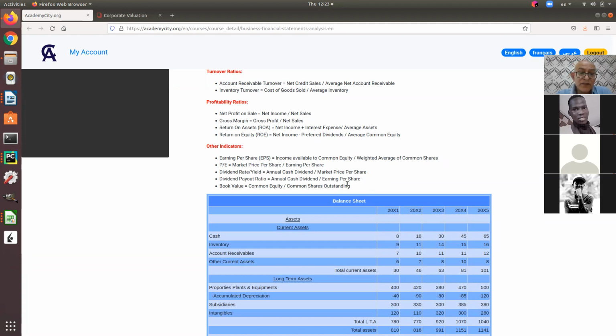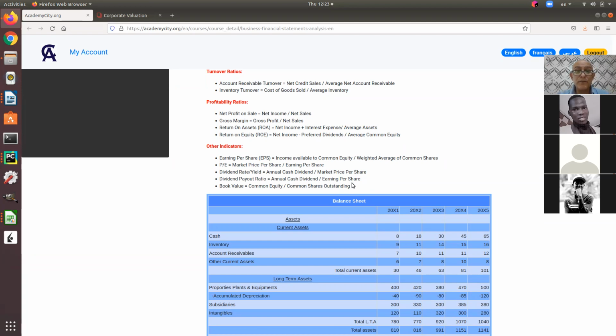The last one is a simple one. How much is the book value of the share? If I take all the amount of the equity divided by the number of shares, I get a number.